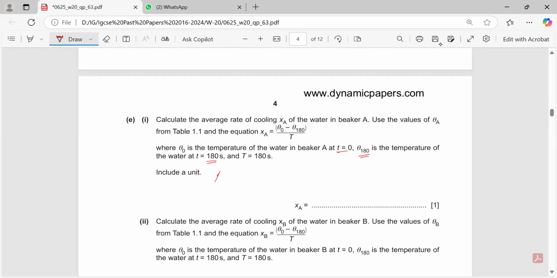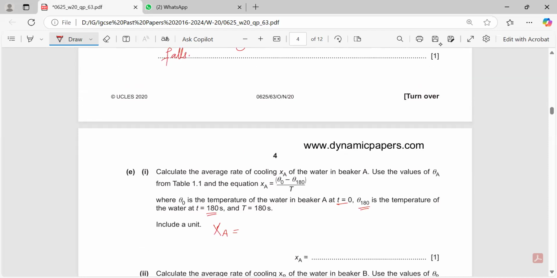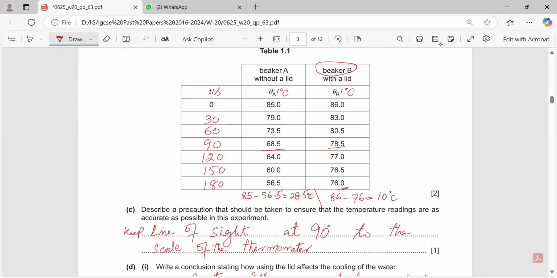So what we can write, XA is equal to theta 0 minus theta 180. Theta 0 is 85 and theta 180 is 56.5.